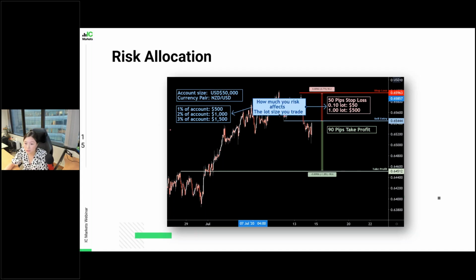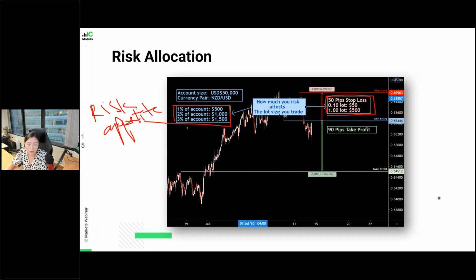These are the percentages based on a 50,000 USD account. Based on a 50 pip stop loss, a 0.1 lot is $50 and 1 lot is $500. So how much you risk affects the lot size you trade. You need to know exactly what your risk appetite is, like I've mentioned. Are you risking 5%?